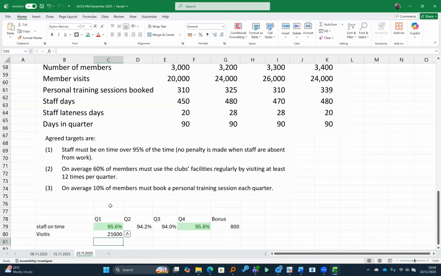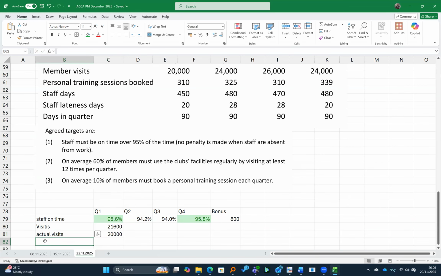Okay? But the visits that were actual is 20,000. And you can now tell from here that this was not achieved.